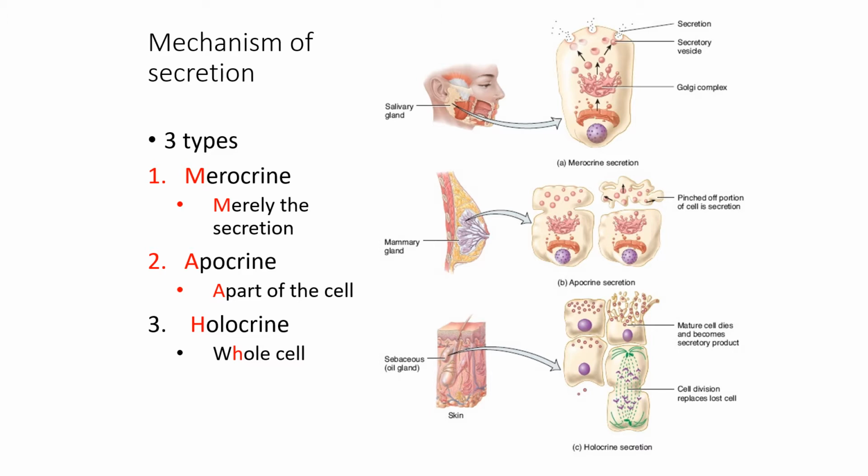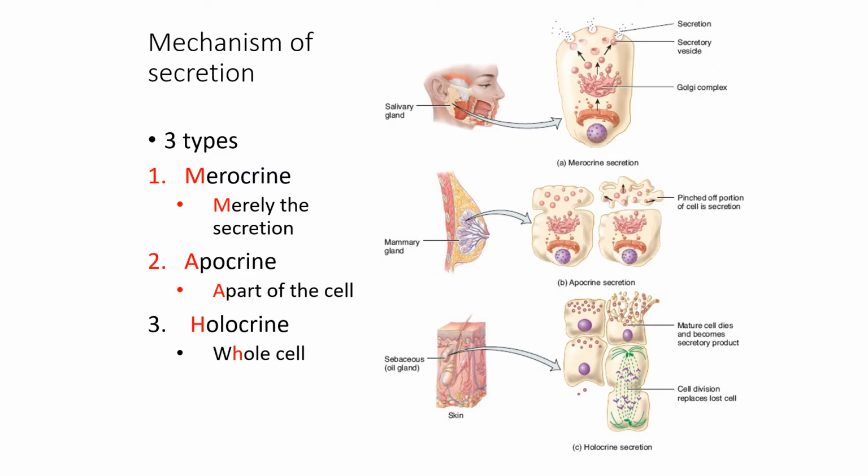Then we have another type which we call apocrine, where a part of the cell or a vesicle containing the secretion is shed. This kind of secretion is seen in the mammary gland. When milk is secreted, milk is enclosed in a vesicle formed by cell membrane and secreted as liquid form.